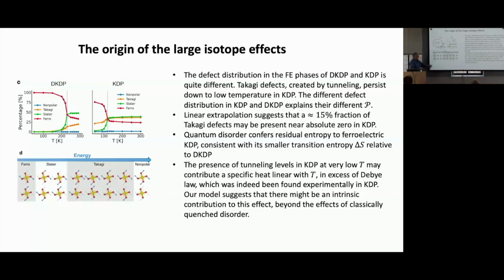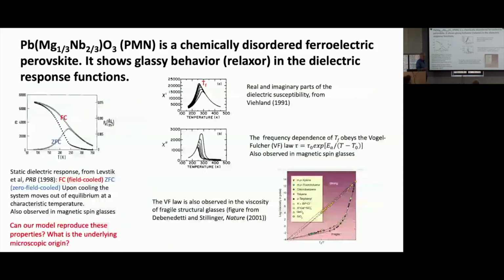So then let me just move to the last example. The last example is also a system that has been studied quite a lot. And this is a relaxor ferroelectric. In this case, we consider PMN.